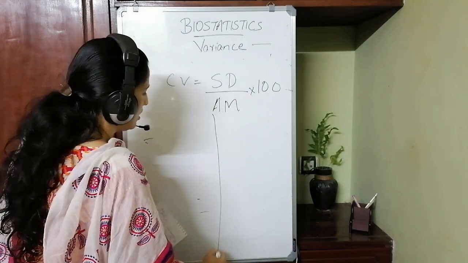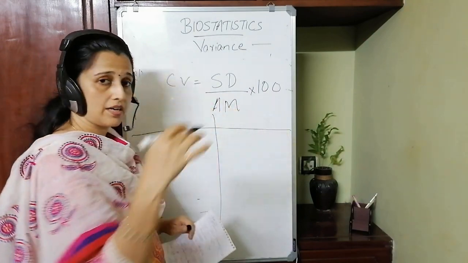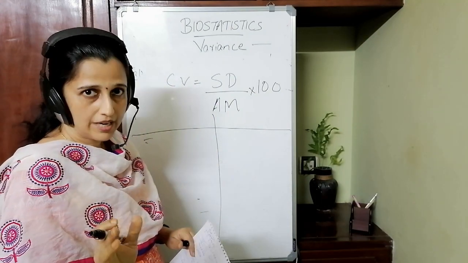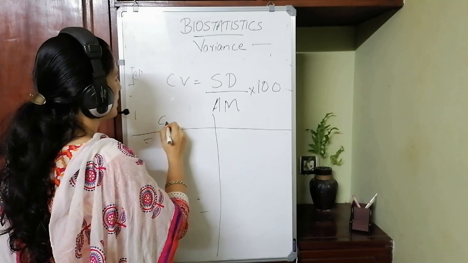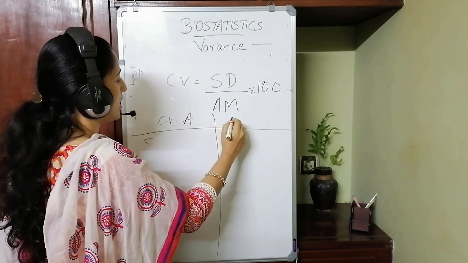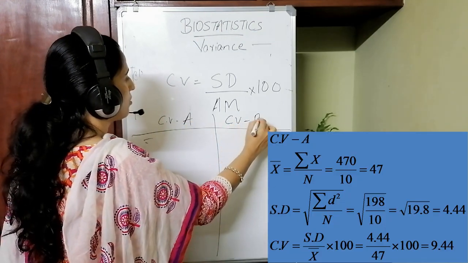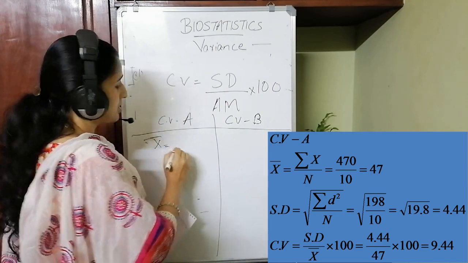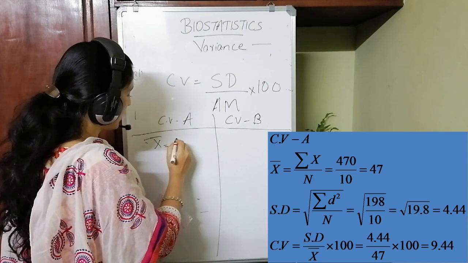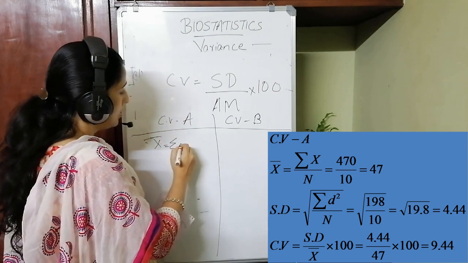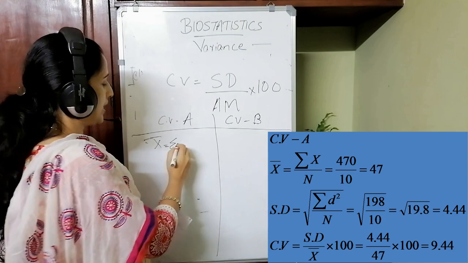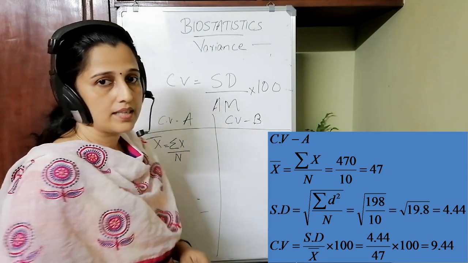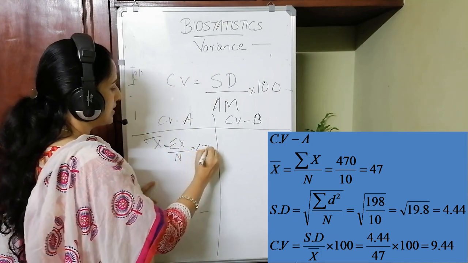After finding the arithmetic mean, I am just computing the coefficient of variance, for rat A and for rat B. Arithmetic mean is equal to sigma x by n, and that is equal to 47.